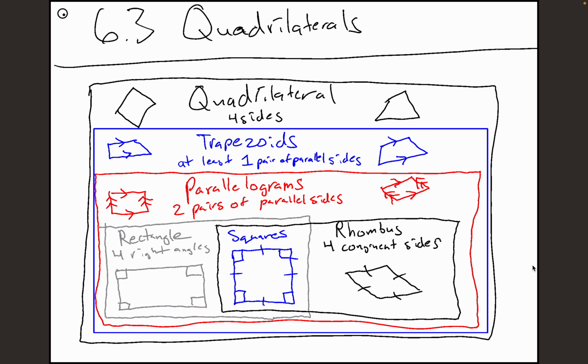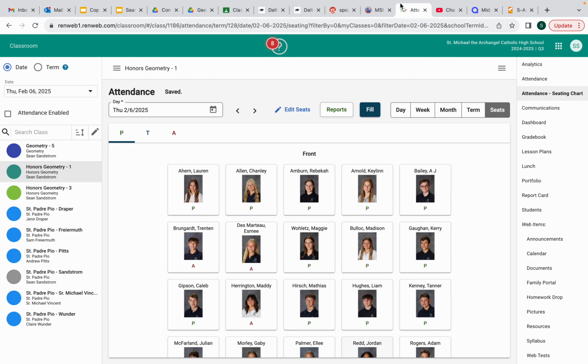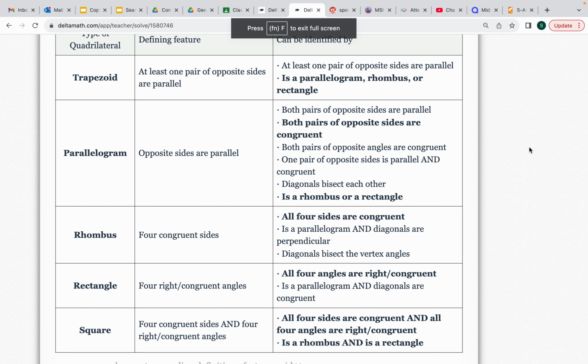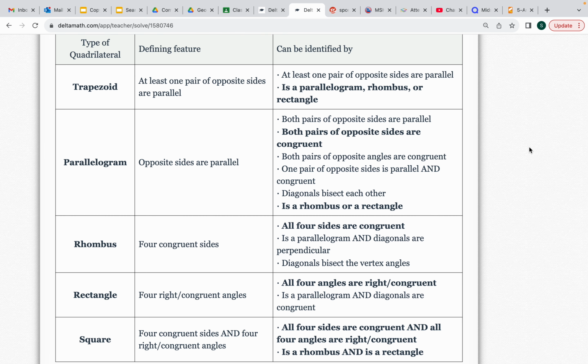Now, this next part. You do not have to write everything, and you will have access to it. But this is going to tell you how to identify them.